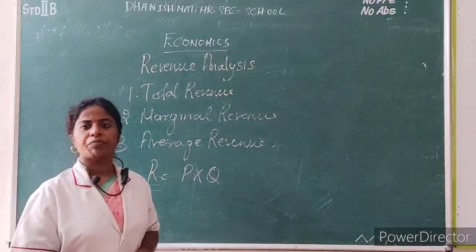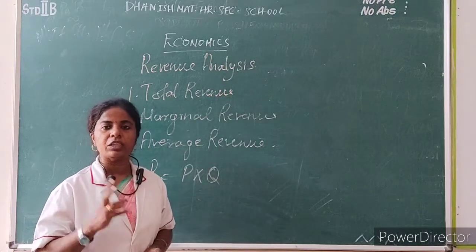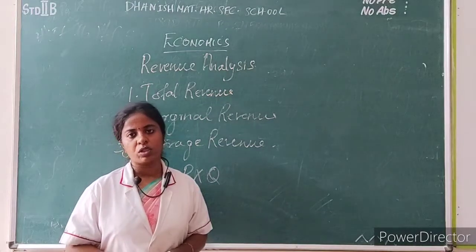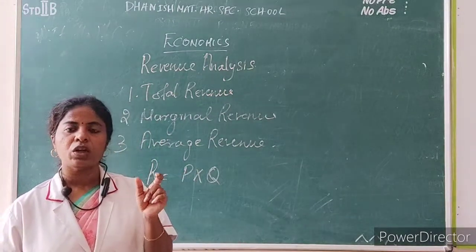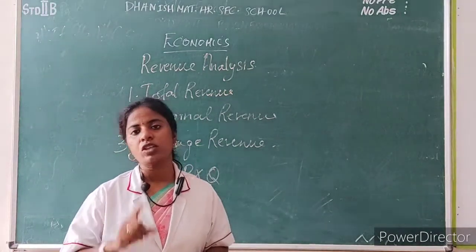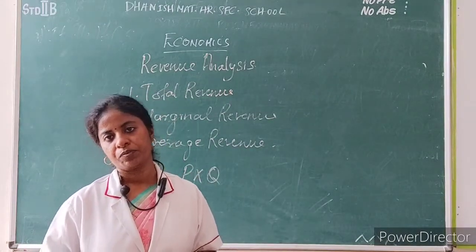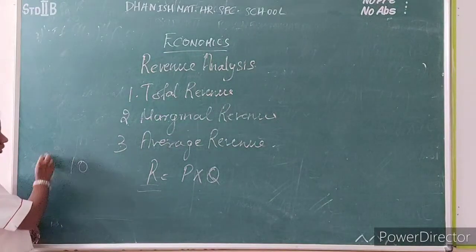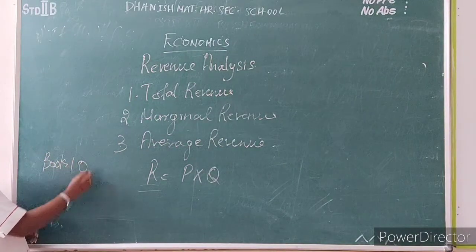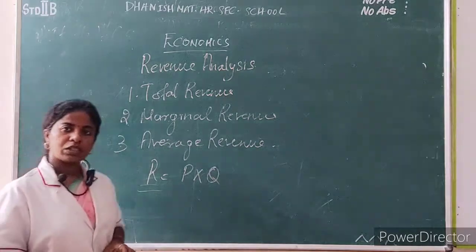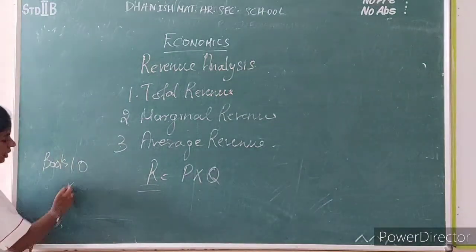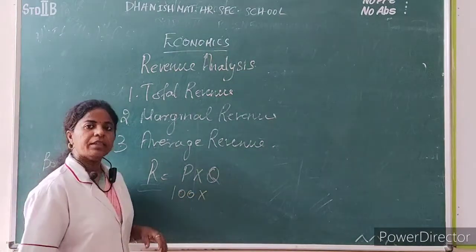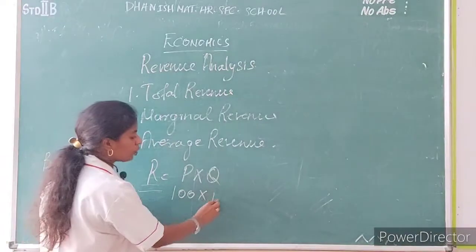For example, to make it clear, a producer produced 10 books, and the cost of one book is 100 rupees. So price is 100 and the quantity the producer produces is 10 books.